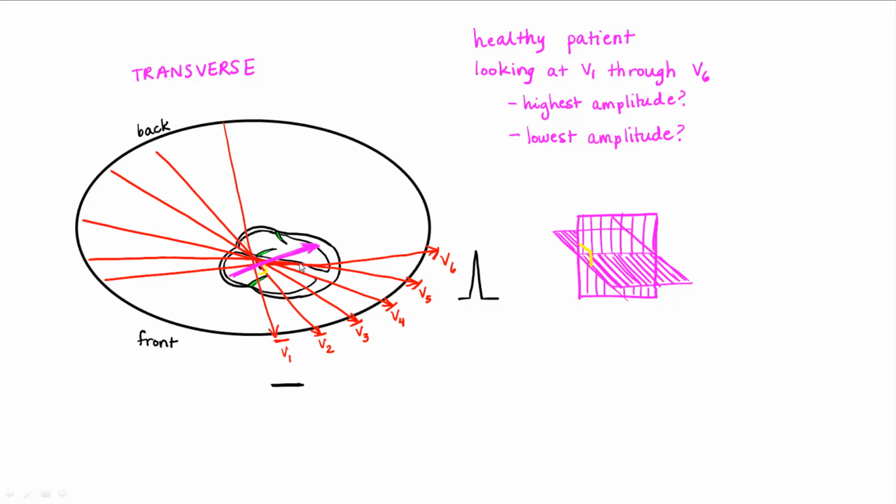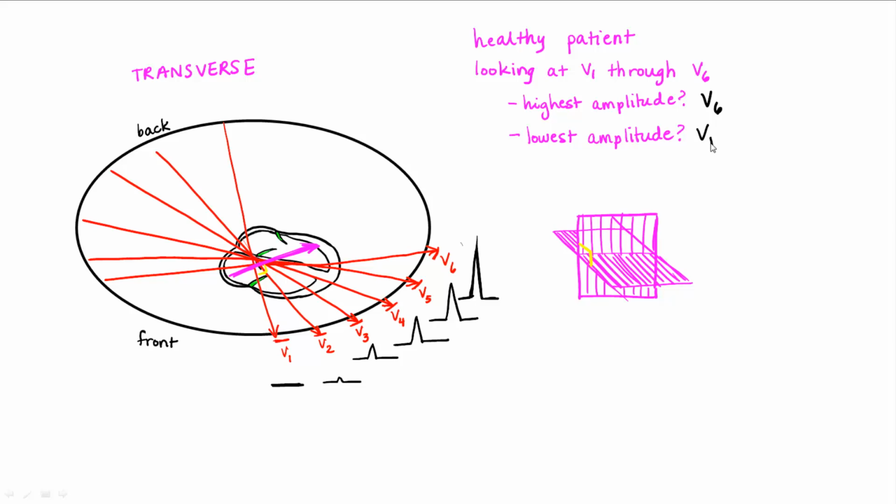And given the way this diagram is drawn, you'll see that V2 through V5 will have an intermediate set of voltages in between. So it would look something like this, where V6 has the highest voltage. So the answer to the question is V6 would have the highest amplitude, and V1 would have the lowest amplitude.